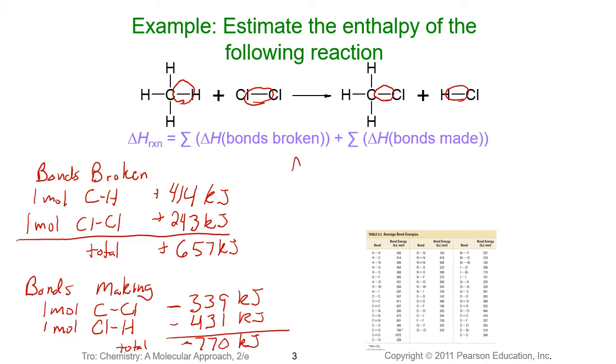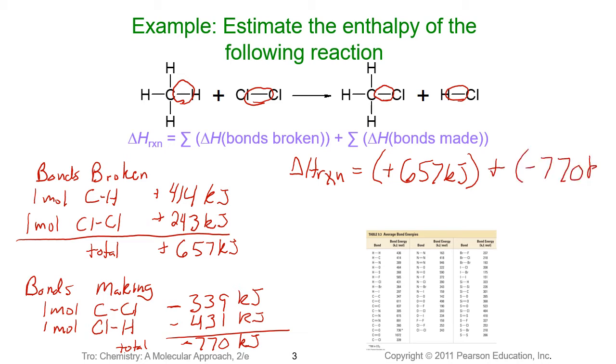Now if we want to find the delta H for our reaction, it's going to be that positive 657 kilojoules from breaking the bonds, plus a negative 770 kilojoules from making the bonds, to give us an overall enthalpy of our reaction of negative 113 kilojoules.